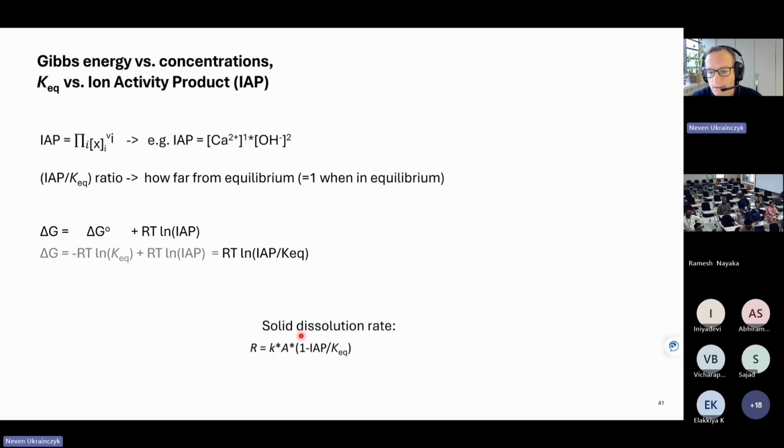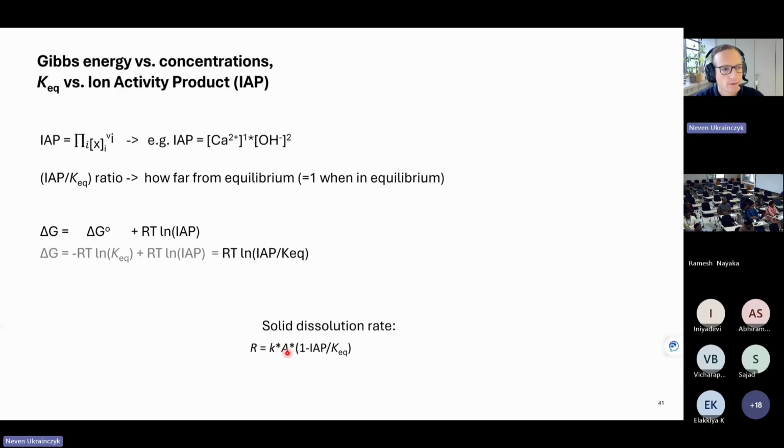One more thing, just for the kinetics. I told you kinetics in the solution, but because we are dealing here with solids, there is another relation for kinetics, and this is that the rate of the dissolution or precipitation is basically proportional to the surface area.